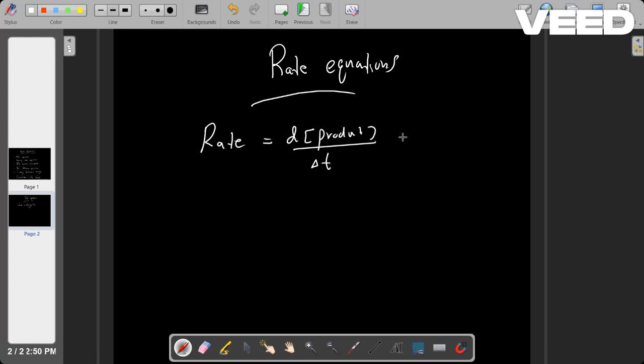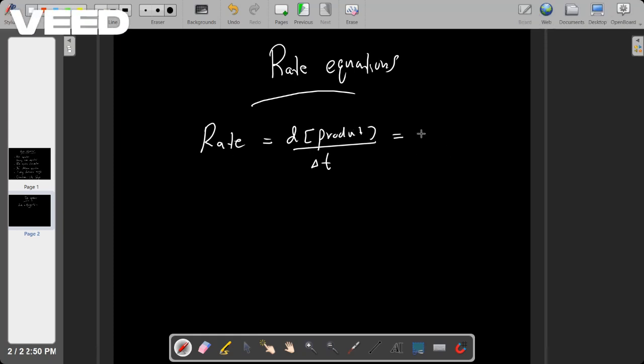So we can find the rate using this equation, using the amount of products being produced. But if you are finding the rate of a reaction with the reactants, it must be negative delta reactants.